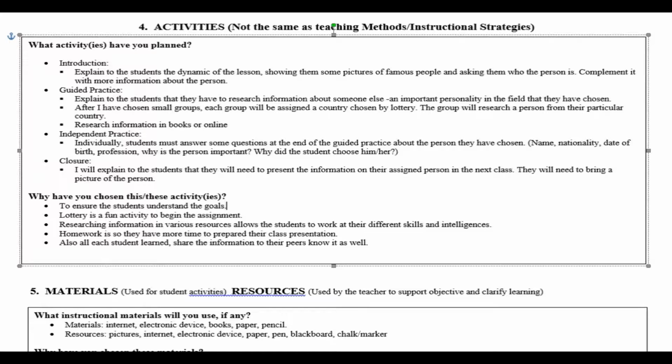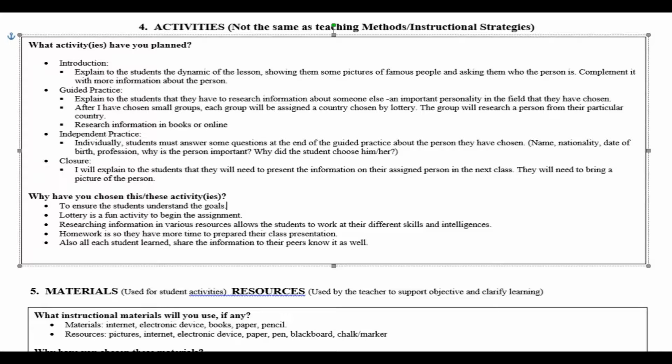For independent practice, individually, students must answer some questions at the end of the guided practice about the person they have chosen, like name, nationality, date of birth, profession, why the person is important, and why the student chose him or her.